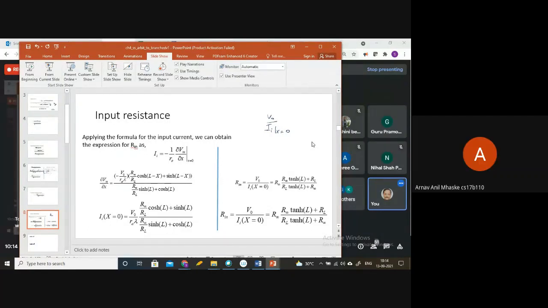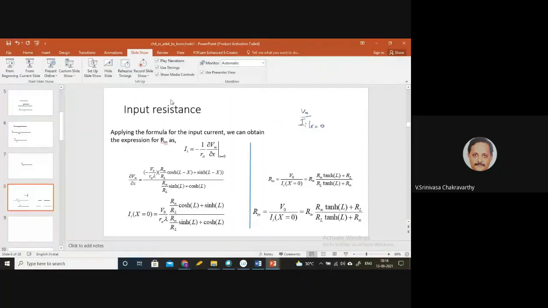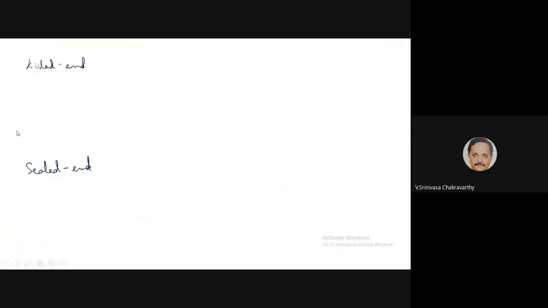So you set RL to 0 and infinity. Yeah, very good. The killed end is RL equal to 0, and the sealed end is RL equal to infinity. If you plug it in, what do you get?